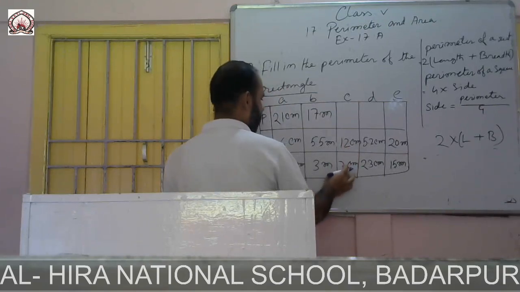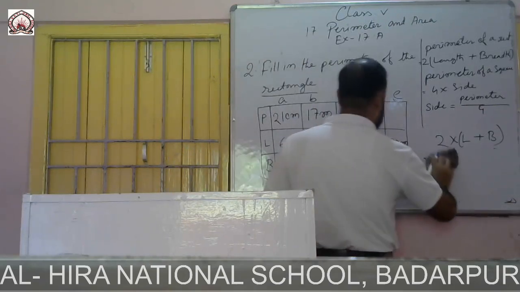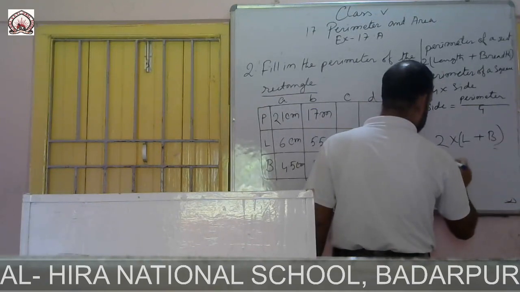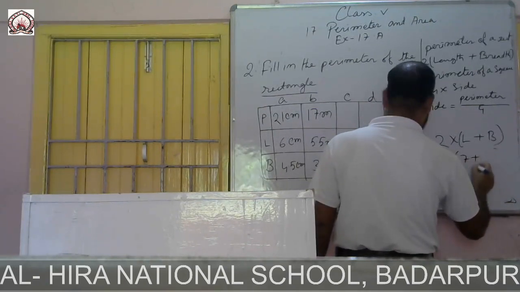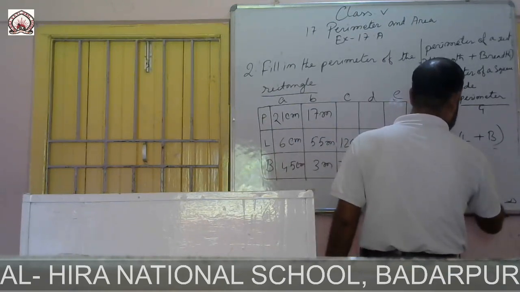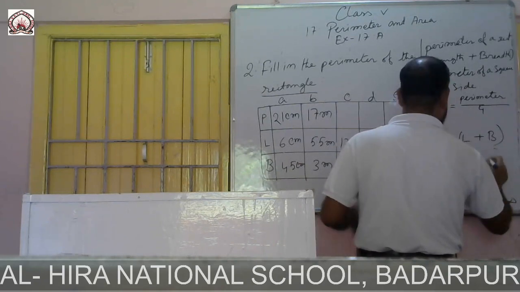Next, length is 12 and breadth is 7. So 2 into length plus breadth, length is equal to 12, breadth equal to 7.